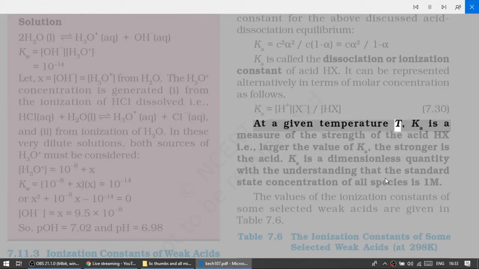At a given temperature T, K is a measure of the strength of the acid HX, i.e., the larger the value of K, the stronger is the acid. K is a dimensionless quantity with the understanding that the standard state concentration of all species is 1 M. The values of the ionization constants of some selected weak acids are given in Table 7.6.